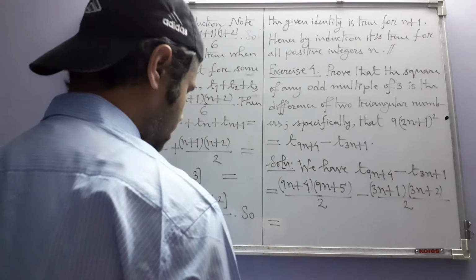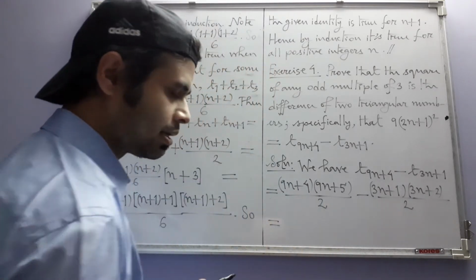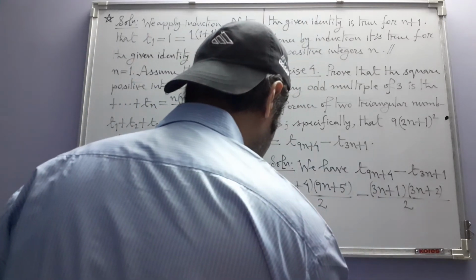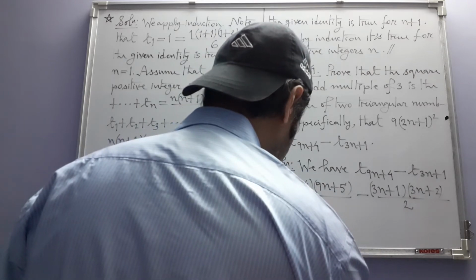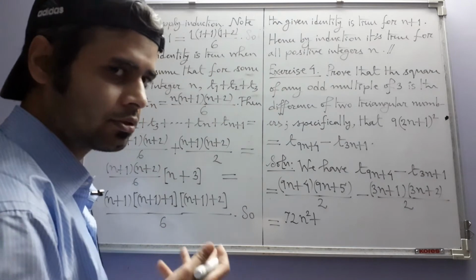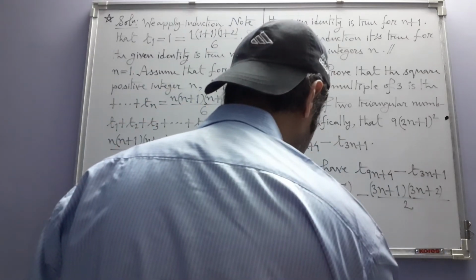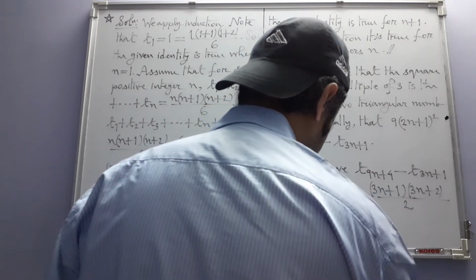Now if one does all the multiplications, one eventually comes to this expression, 72n square. These details, of course, I am leaving to you because they are extremely straightforward. You just have to carefully do the multiplications.